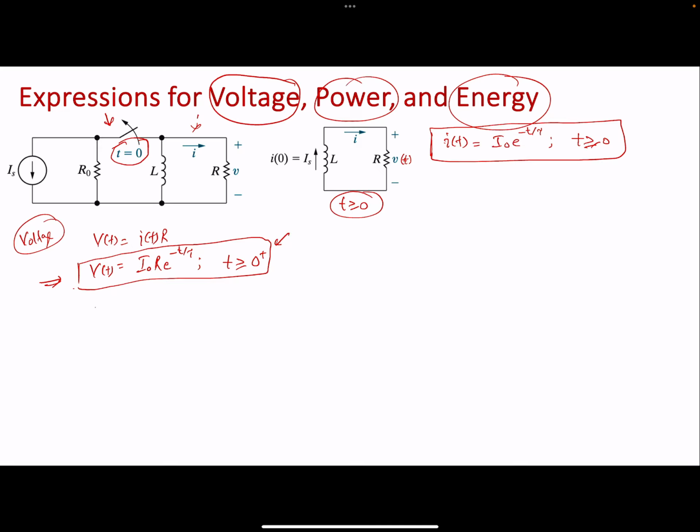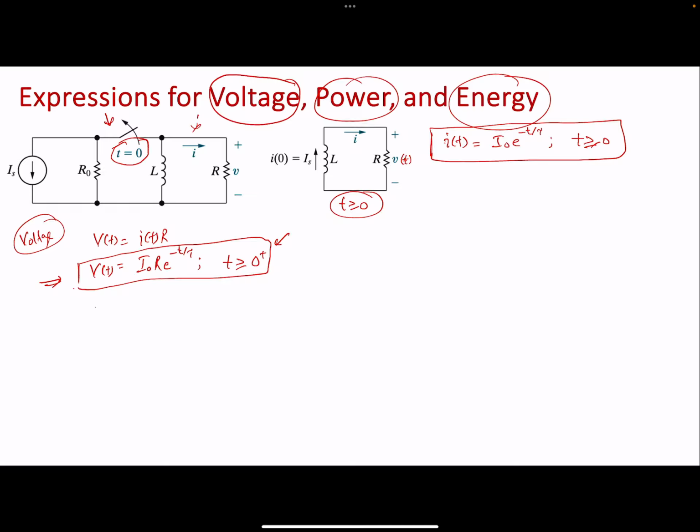So the problem was that, again, as we discussed in the past, the inductor becomes a short circuit when it reaches a steady state. So when it reaches a steady state, the inductor is a short circuit, so no current is flowing through your resistor. So as soon as you turn off the switch, kick the excitation source out, at that very instant, still nothing is happening to the voltage across the resistor, right?